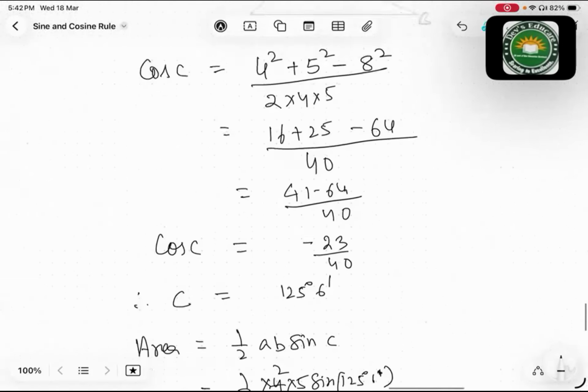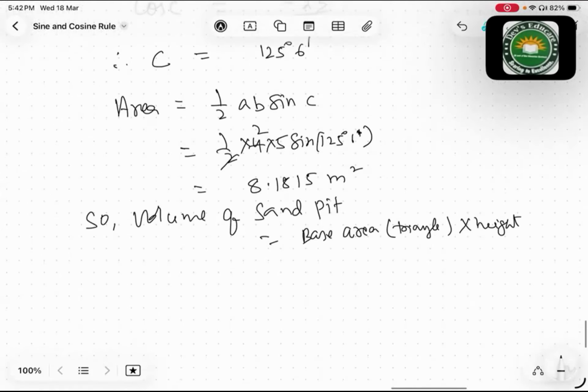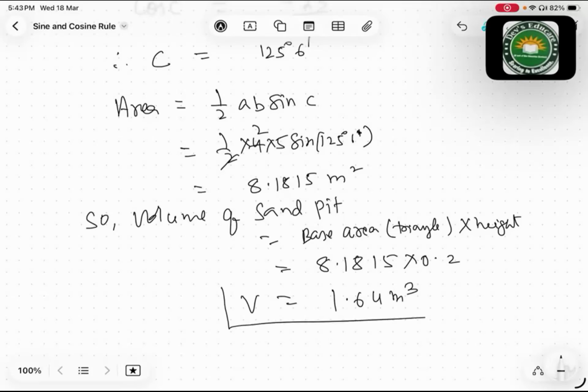So height is taken as 20 centimeters. So base area is 8.1815 times 0.2. That comes to 1.64 meter cube approximately. This will be the volume of the sandpit. Hope you understood it. Thanks for watching.